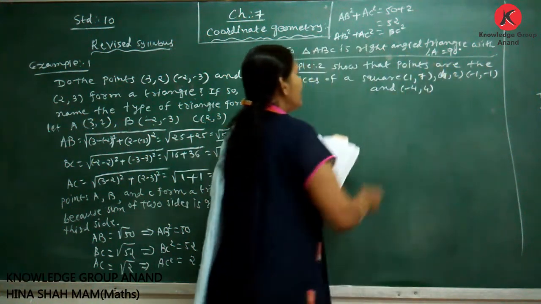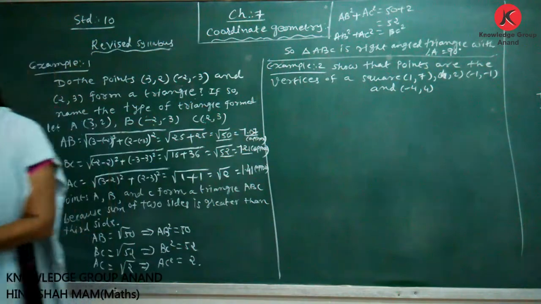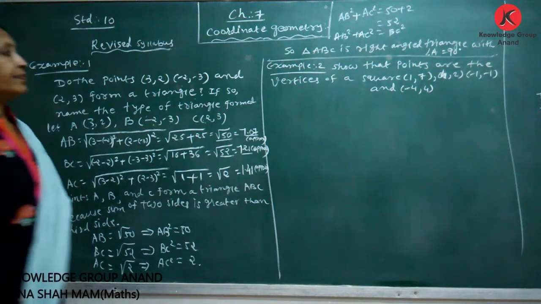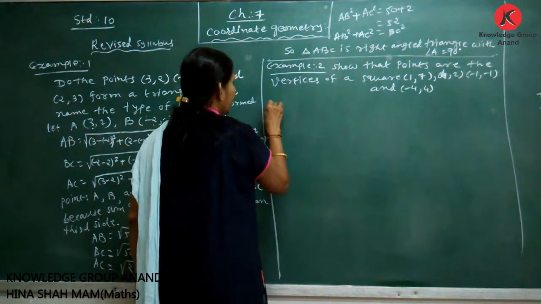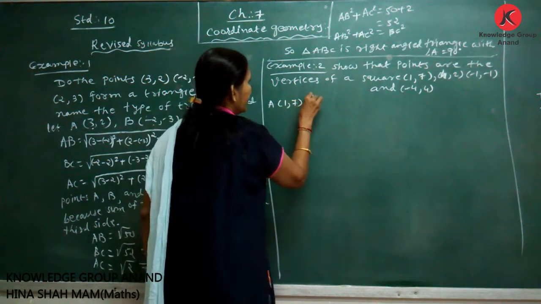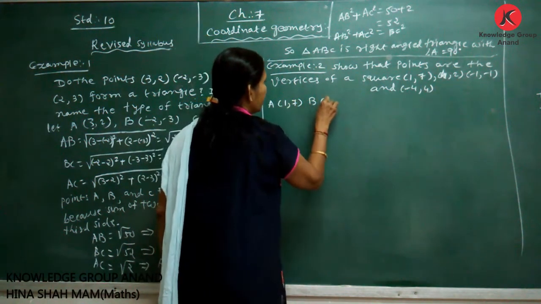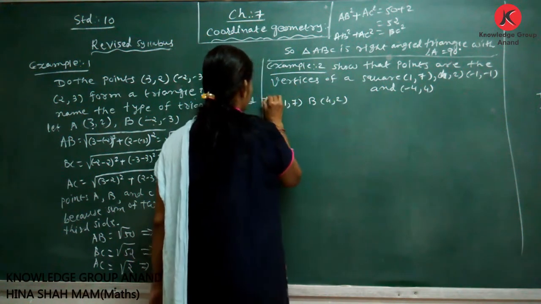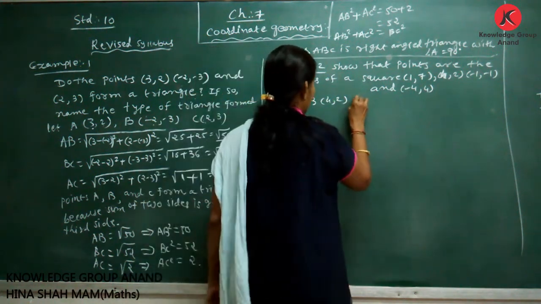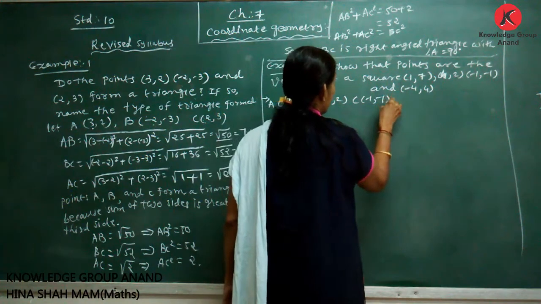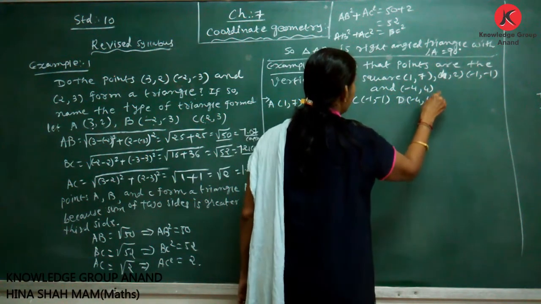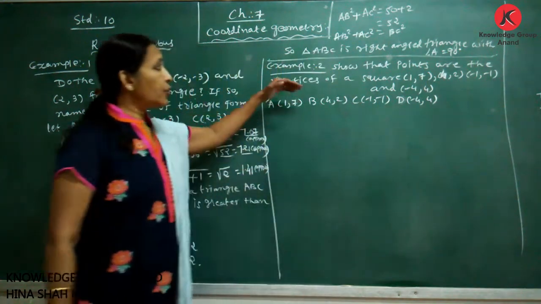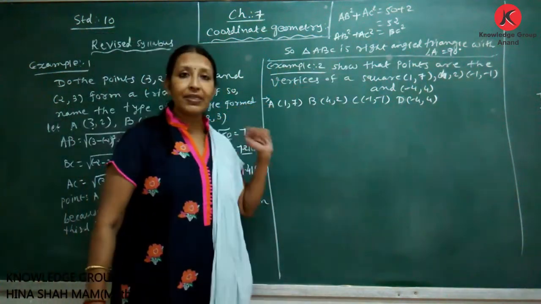Let points A (1, 7), B (4, 2), C (-1, -1) and D (-4, 4). Show that the points are vertices of a square.